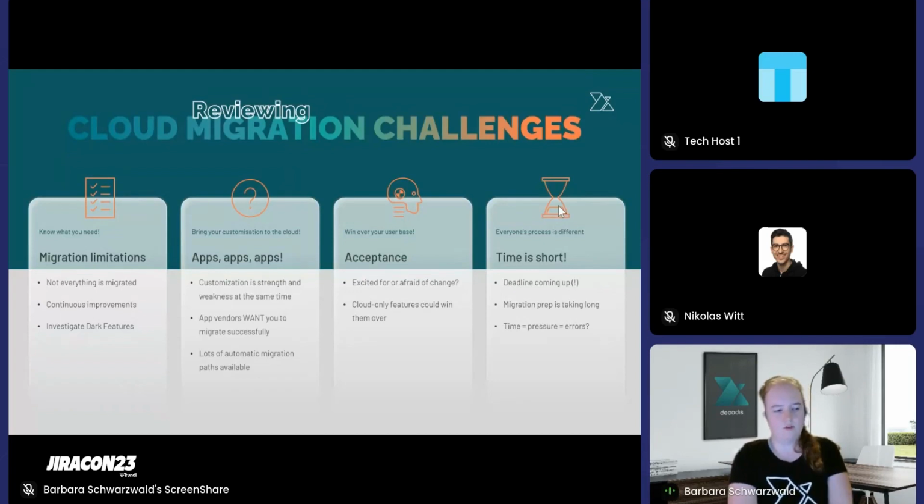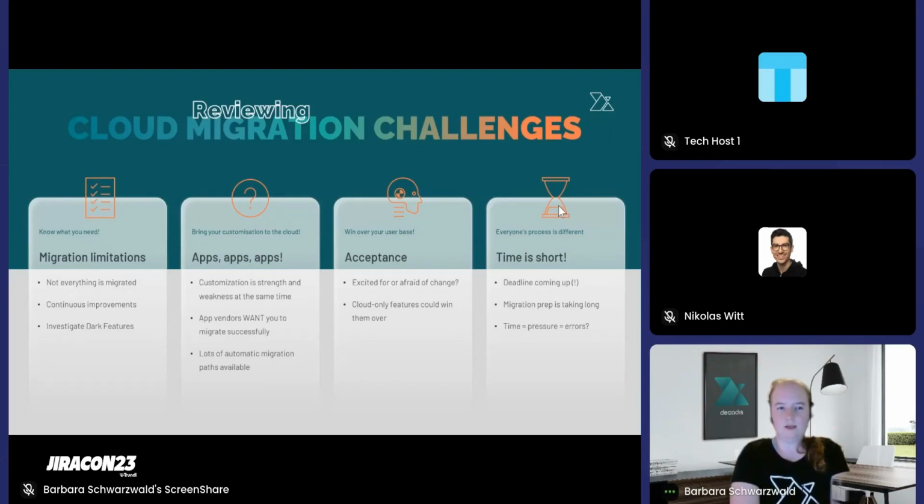If an app just provides one single custom field type, that's easier to migrate than something that provides dozens of conditions, validators or post functions and other stuff. But even with those complex apps, there is well-working automatic migration, and I will show you an example at the end of the talk.